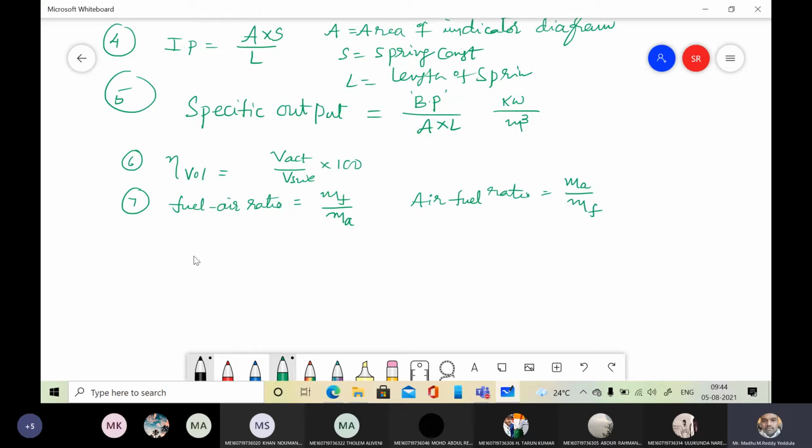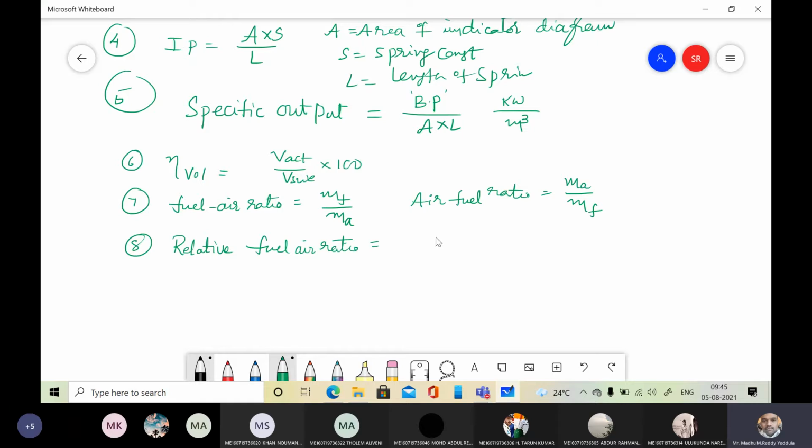Next, relative fuel air ratio. Relative means it is a ratio, no units.